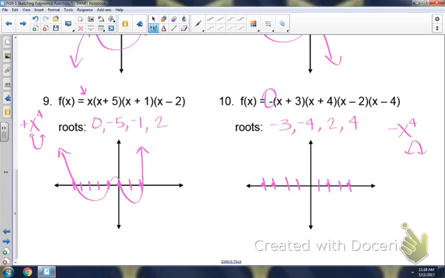It should be opening down, so I'm going straight through each one, and I messed up. You should be going through the points. You don't need to create new roots. So overall, it should be opening down.